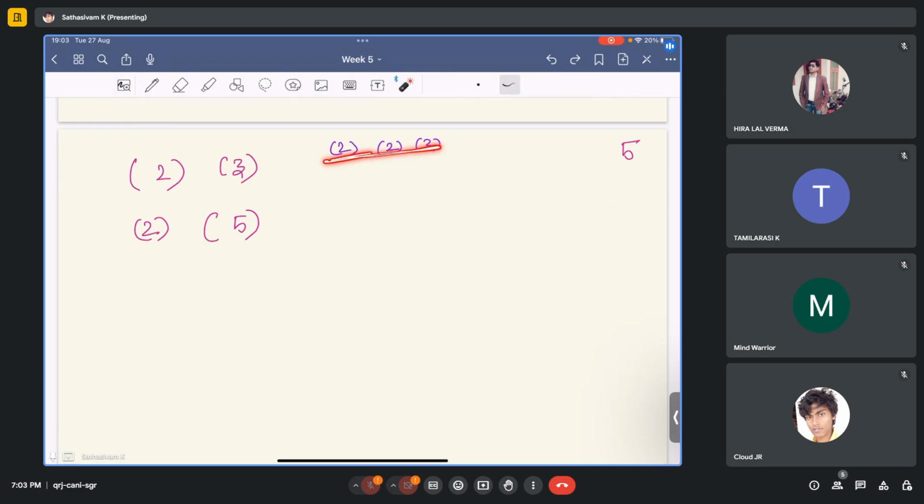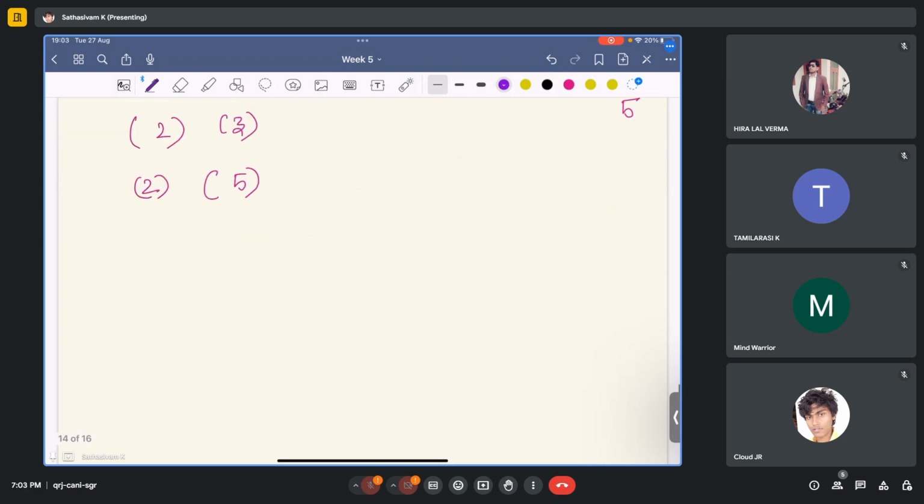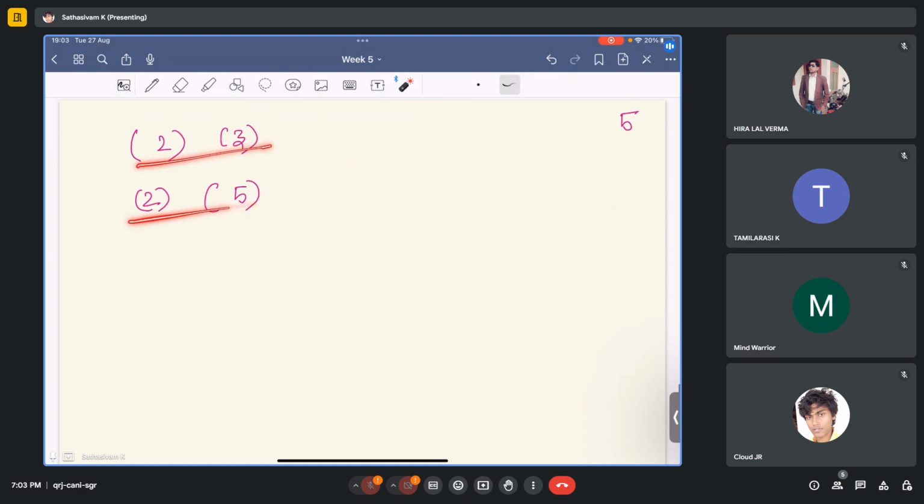But the order, which is the LCM of 2, 2, 3, is the same as the LCM of 2 and 3, because the repeated 2 does not matter in the LCM. So I ignore it; you can write it down and check all the orders if you want, that is not a problem. So this is the only possibility when you have a 2 cycle.